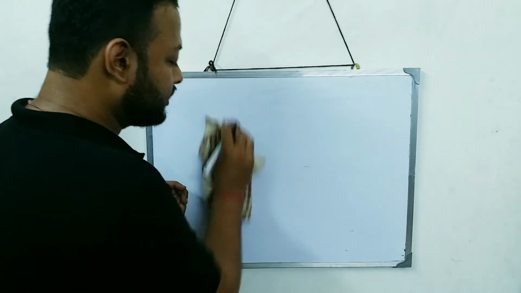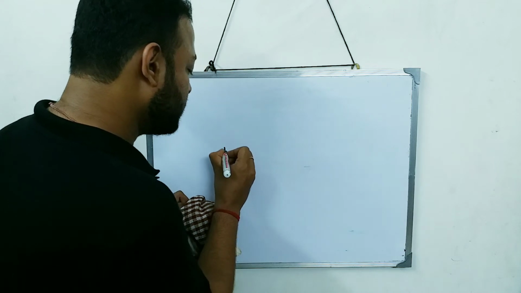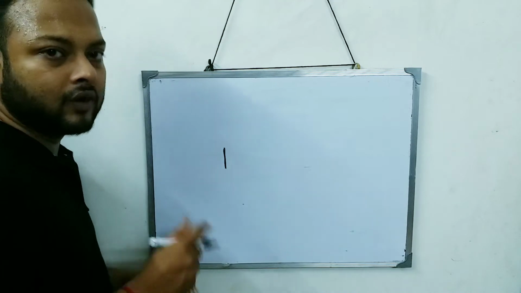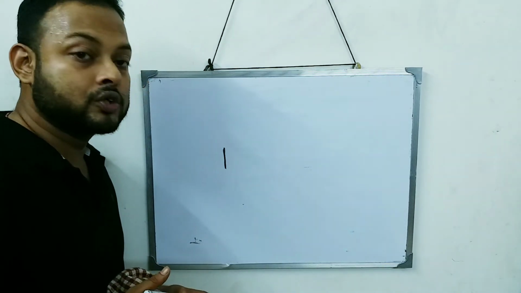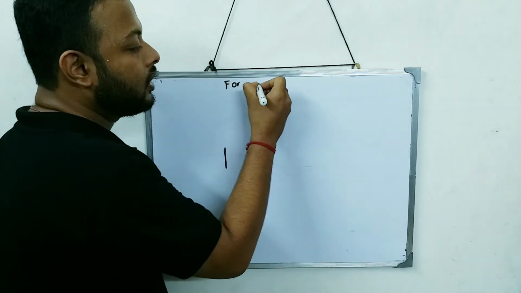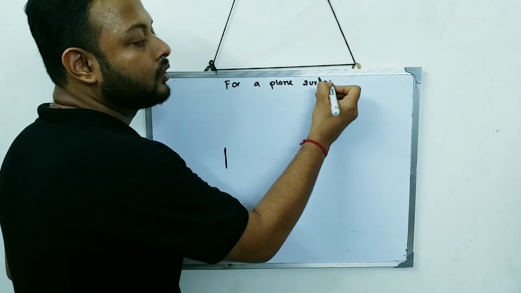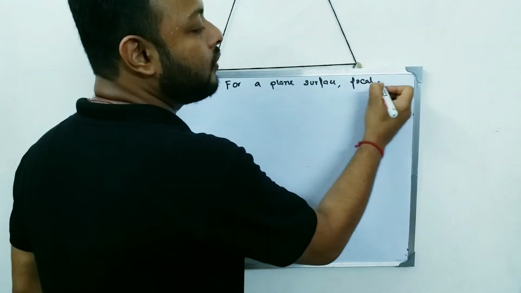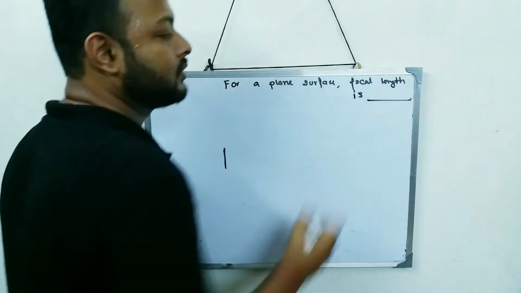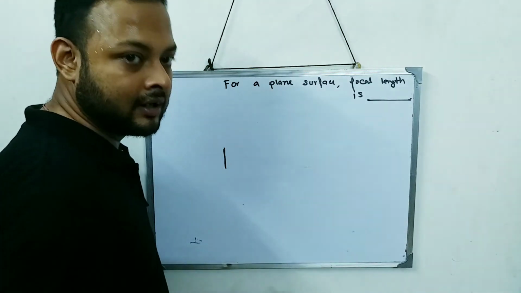If you have a lens of a plane surface like this, then where is the focal length? For a plane surface, focal length is dash. Now you will understand what we will fill in the dash.